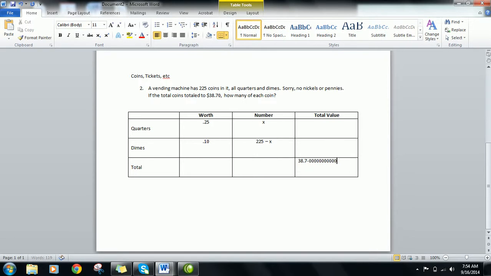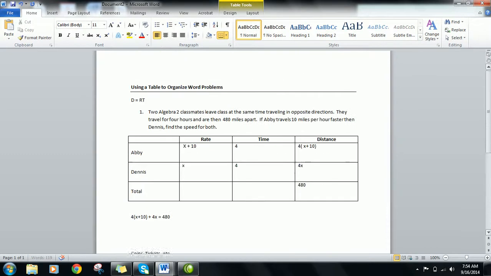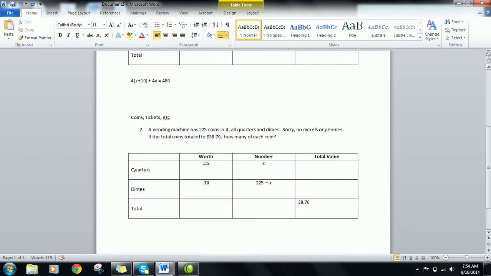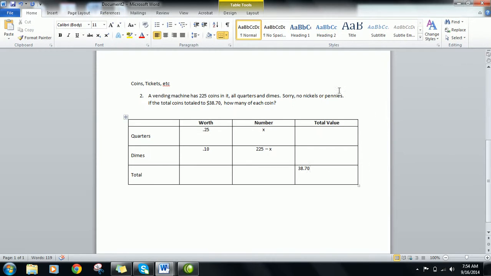Okay. Now, in a similar way to the last table, where this column was rate times time to get this column, here I'm going to multiply the worth times the number of quarters to get the total value of quarters. So it's 0.25x. And then the total value of dimes is 0.10, the worth, times the number of dimes we have.